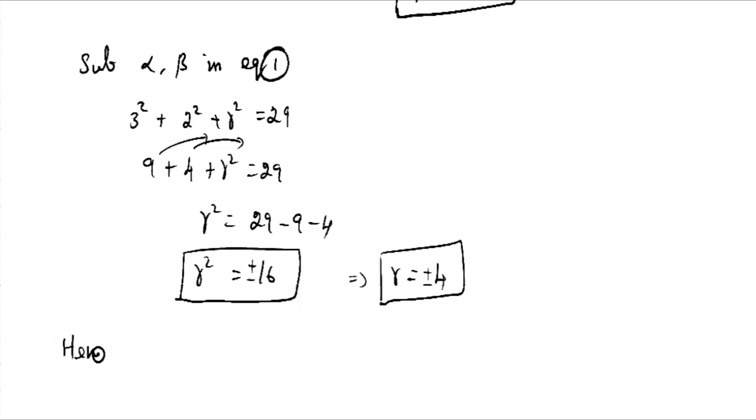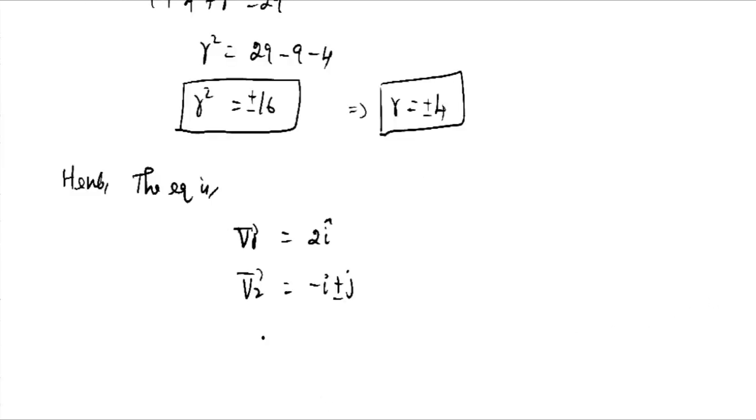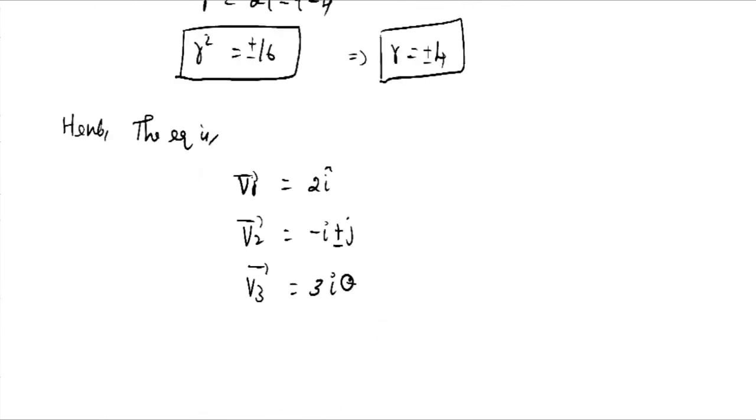So hence the equations are v1 vector equal to 2i vector, and v2 vector equal to minus i plus or minus j vector, and v3 vector equal to alpha i, alpha equal to 3, so 3i, and then beta equal to plus or minus 2, so plus or minus 2j, and gamma equal to plus or minus 4, so plus or minus 4k. So this is all cap we will get here.